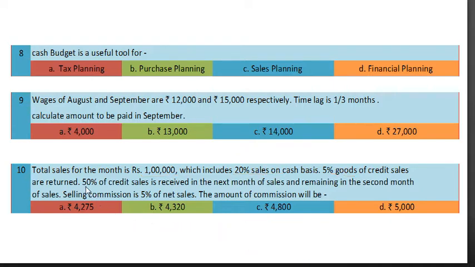Dear students, 50% collection in the first month of sale and remaining in the second month of sale is irrelevant information. So our commission amounts to rupees 4,800. Option C is correct answer.